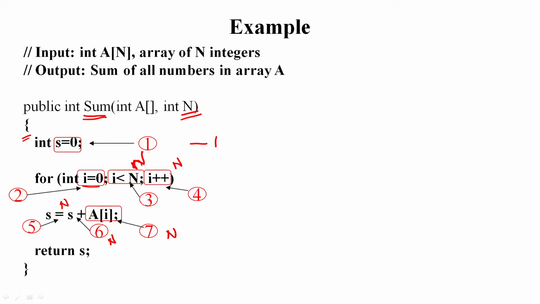Finally, after getting the result in the variable s, returning the value s will execute only once. Here when you are counting this, we are getting different numbers of ones.